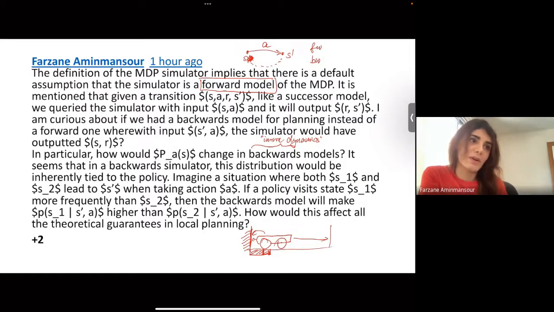My only issue for now is how we can approach the problem of providing some theoretical guarantees, that if there is a well-formed MDP simulator, we can have some theoretical guarantees on good planning.